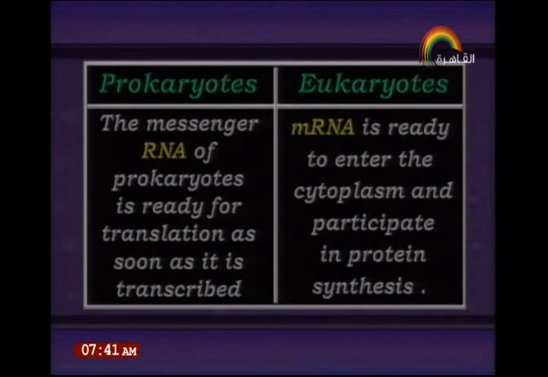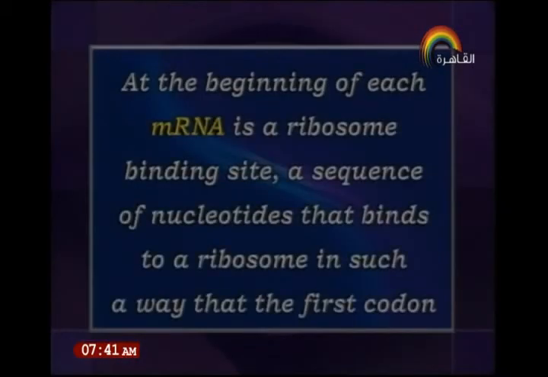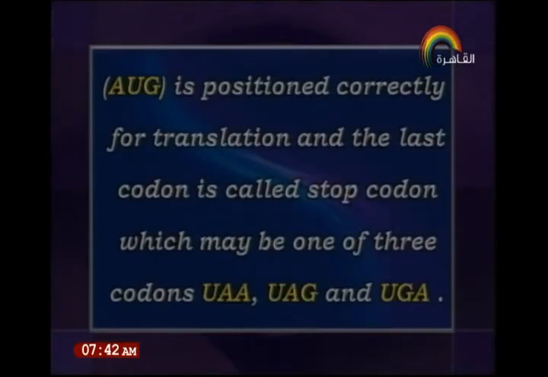in protein synthesis. At the beginning of each mRNA is a ribosome binding site. The ribosome binding site is a sequence of nucleotides that bind to a ribosome in such a way that the first codon, AUG, is positioned correctly for translation, and the last codon is called the stop codon, which may be one of the 3 codons UAA, UAG, and UGA.